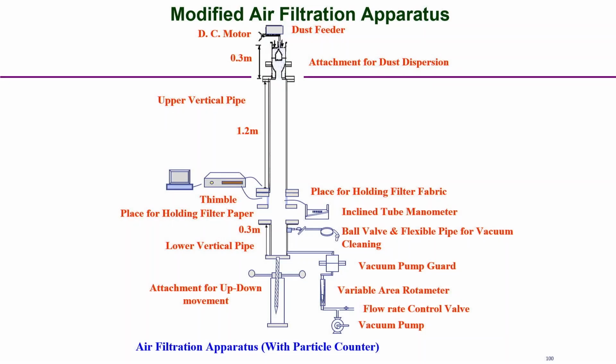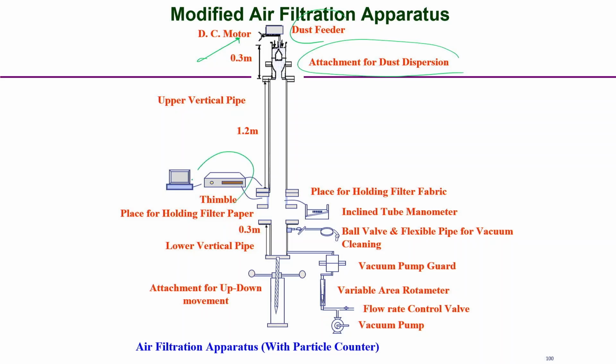So, this is the system here, the dust feeder is there. So, here a similar arrangement, but here the dust feeder is controlled by a stepper motor, which is controlled by the software. So, we can change the dust feed rate depending on our requirement here, and this is the vertical column.